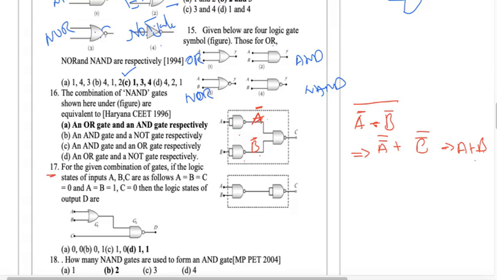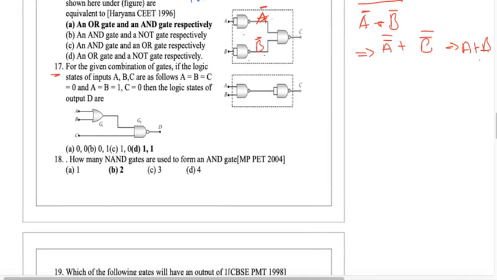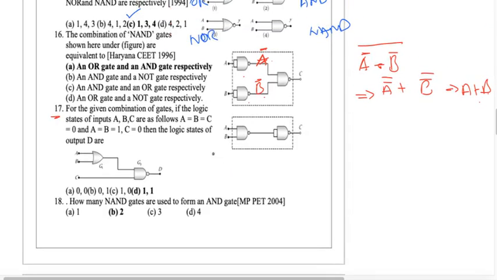Question number 17. For the given combination of gates, the logic states of inputs ABC are ABC equal to 0, and AB equal to 1, C equal to 0. You have two cases here. In the previous question 16, you have seen that the first one is the OR gate and the next one is this one. First you have this one, which is nothing but an AND gate. You can write it like this: A plus B, A dot B bar.